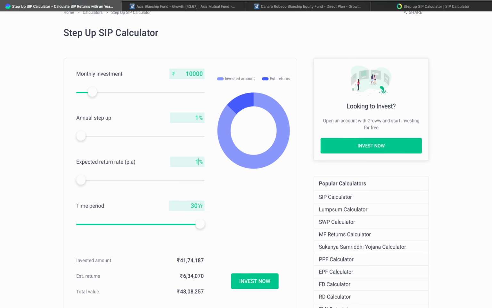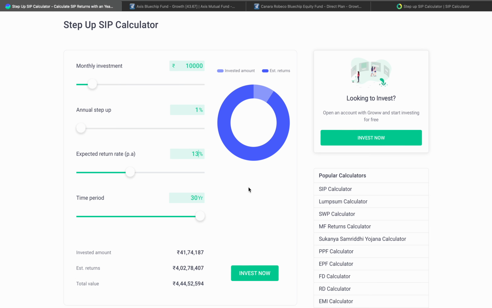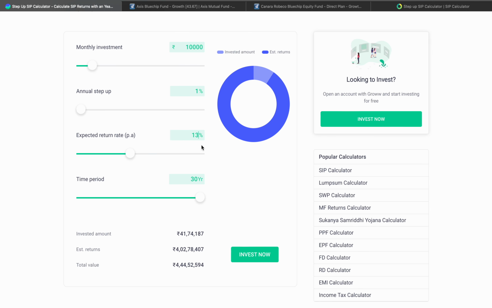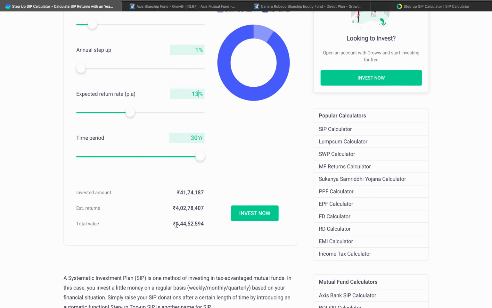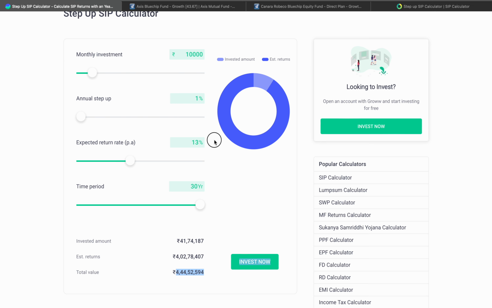Let me change this to 13, and we are having a total return of 4.4 crores. That's 2.5 crores less than what a 15% return would have given us, right? So this is exactly why the expense ratio is very important. It has to be considered while investing in mutual funds.